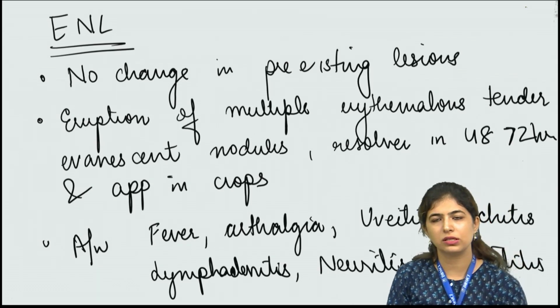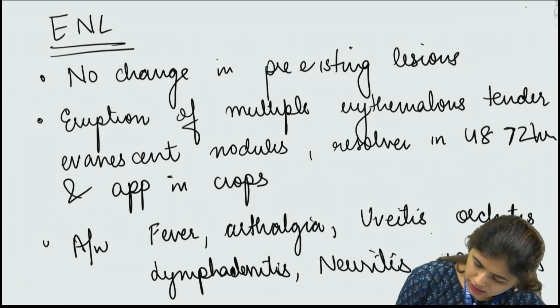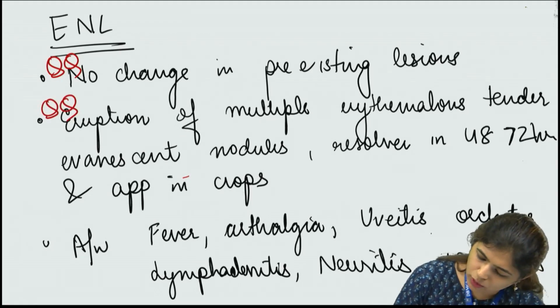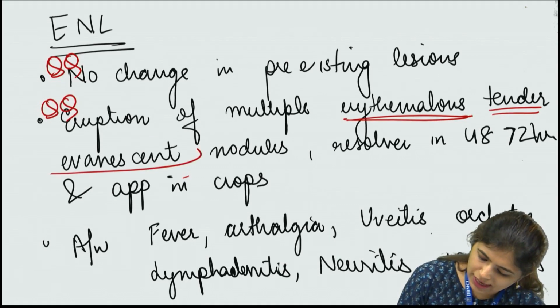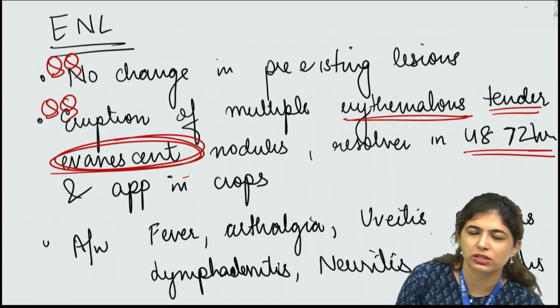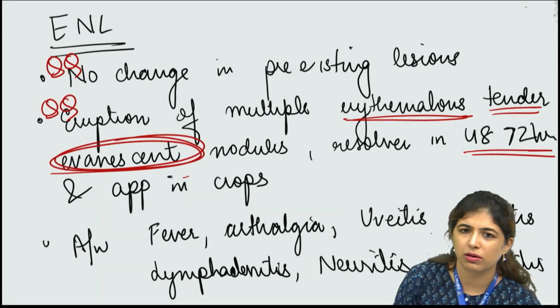Basically all internal organs can be involved here. Very, very important. Important to remember is erythematous, tender and evanescent. Disappear in 48 to 72 hours. This is the most important point that you have to remember.